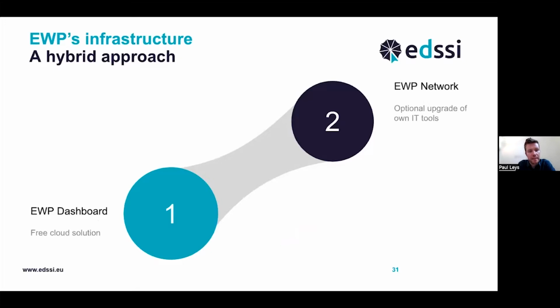When we look at the infrastructure, because I stressed before that EWP is about connecting systems, part of the equation is the EWP network, where systems are connected to each other via what we call APIs, application programming interfaces. An API is basically a set of rules to translate the information that is stored in your database to the protocol of the network.